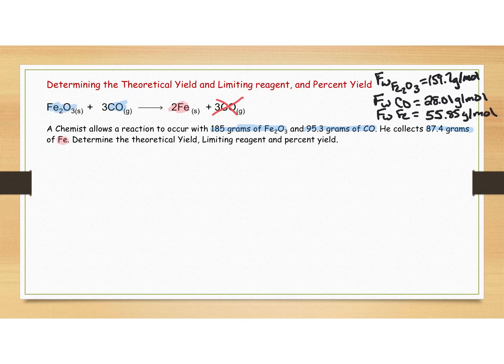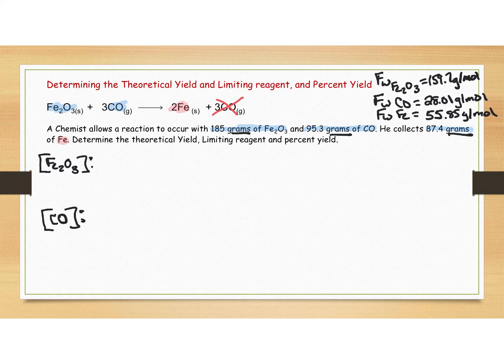The reason we need the formula weights again is because I am going from grams. I'm starting with these grams. If I were to start with moles, as in the earlier problems, I would not need the formula weight. Just like before, let's draw our little brackets here. I'll put Fe2O3 in the top one, and I will put CO in the bottom one.